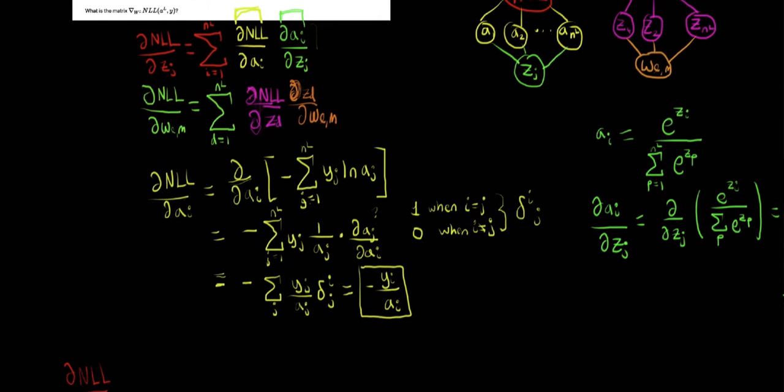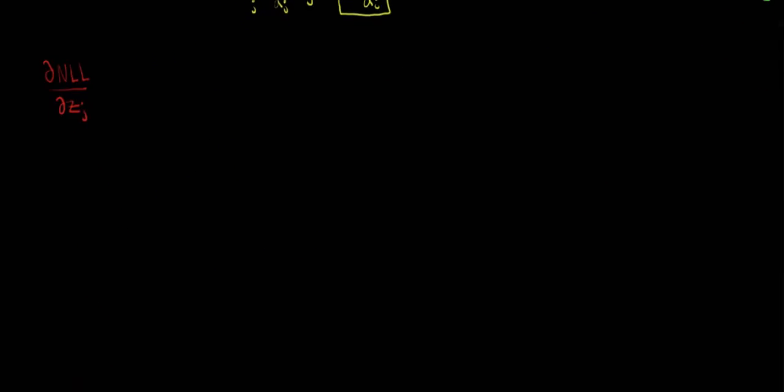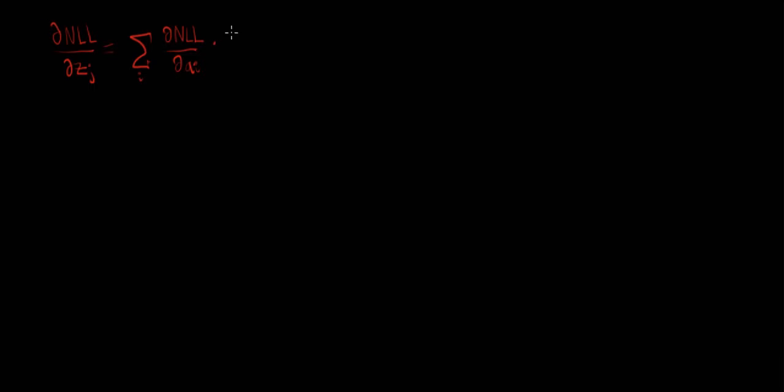Let me just double check the indices. ZJ, yes. And we're summing over the dummy variable I. So it equals the sum over I of the derivative of NLL with respect to AI times the derivative of AI with respect to ZJ.